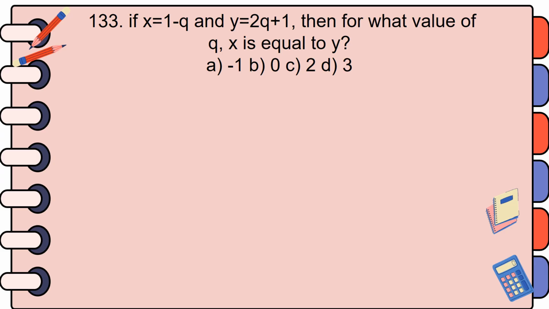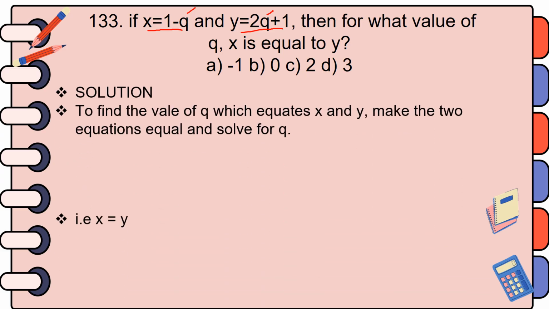Here you are given the equations x equals 1 minus q and y equals 2q plus 1. Then what is the value of q that equates x and y? To get the answer for this question, simply equate x with y. X is equal to y.